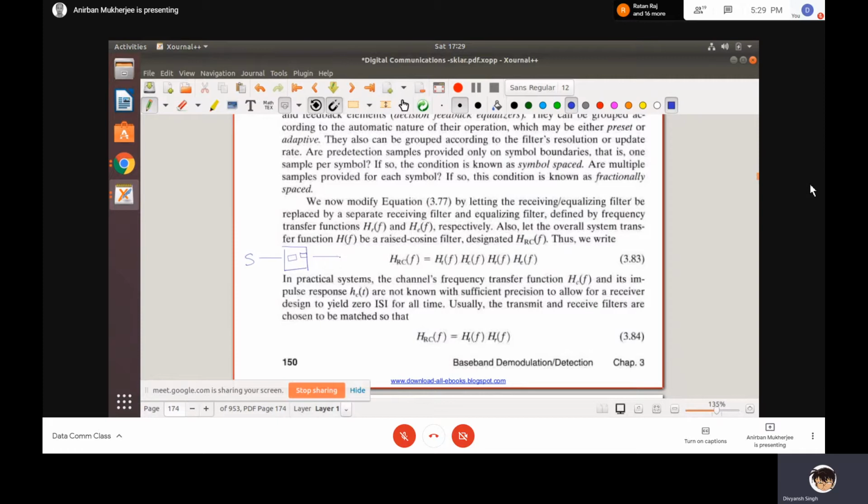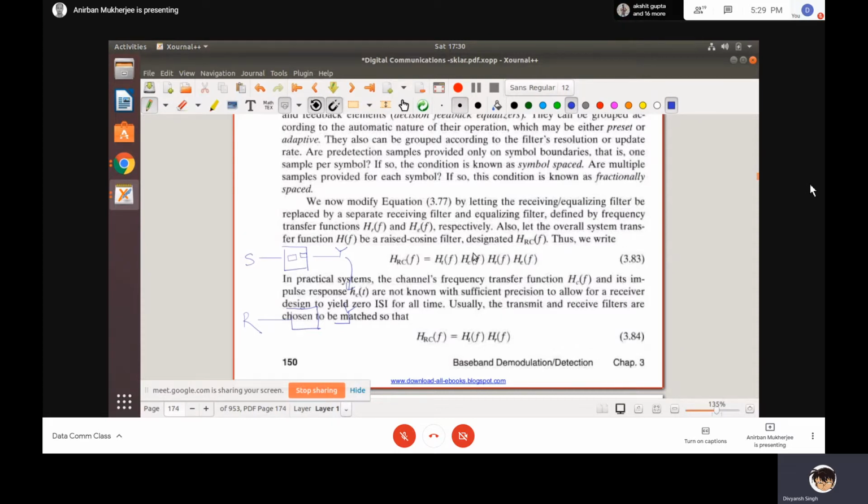Then you have a transmitter front end. Then there's a channel. Then receiver front end. Then your receiver block, and then receiver. Now the total transfer function, that means from source to receiver, is H transmitter, and then there's H receiver.